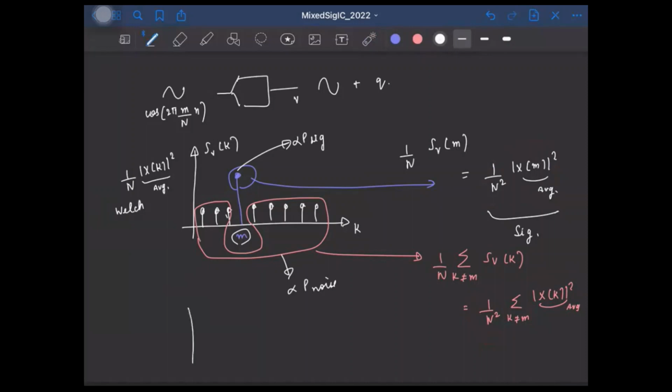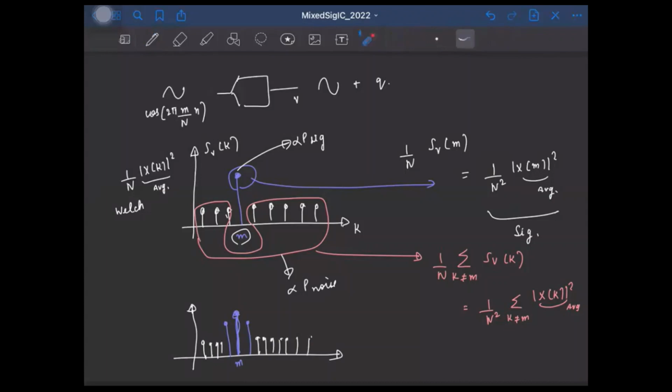So if you use the Hann window, what happens? And if the signal is also lying on a bin, what will happen? So we'll have an impulse at m. We'll also have two other impulses on either side, and the rest will all be due to the quantization noise. Right?